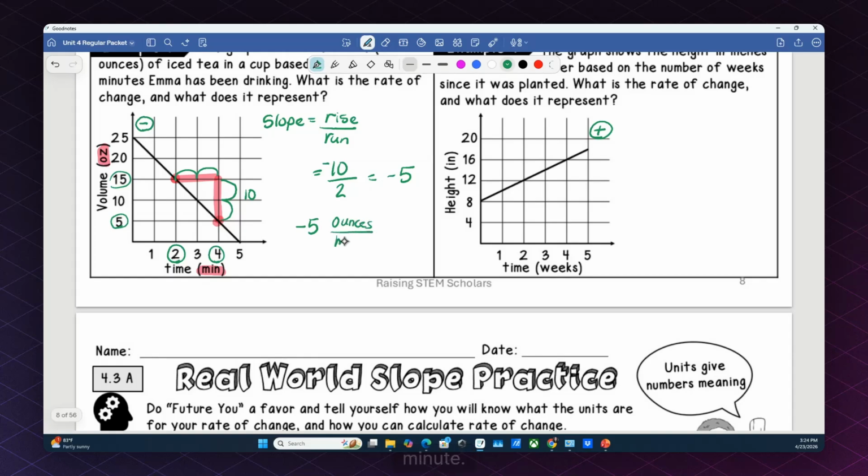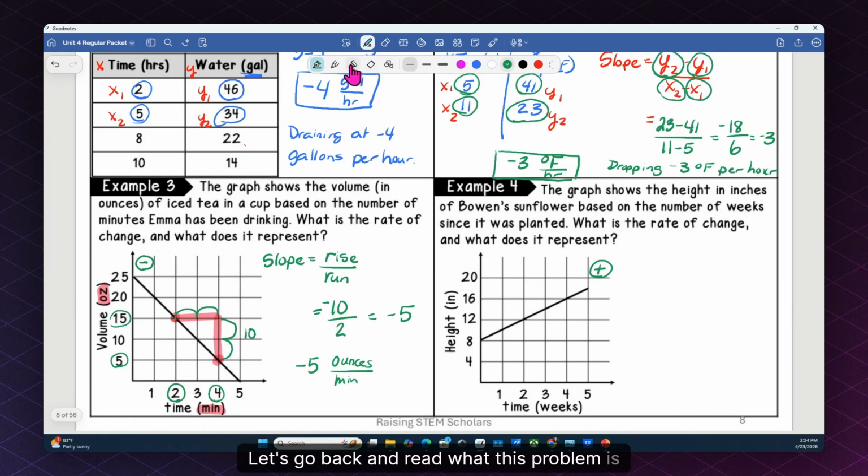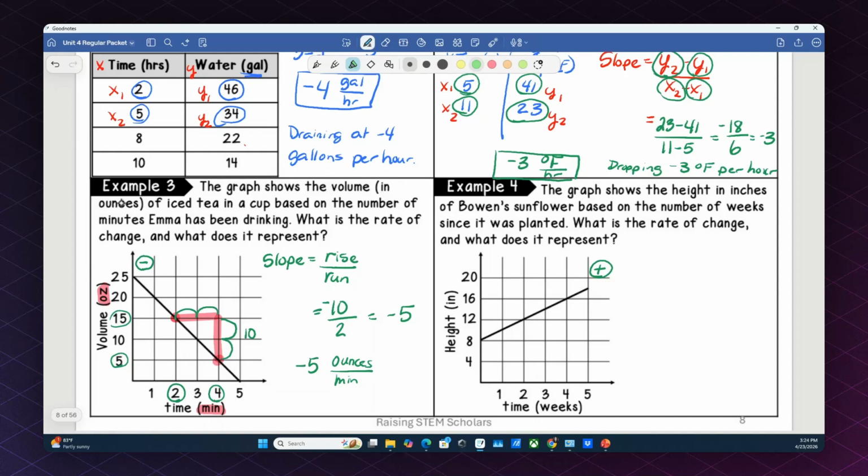Okay. Let's go back and read what this problem is saying. The graph shows the volume in ounces of an iced tea cup based on the number of minutes Emma has been drinking. What is the rate of change and what does it represent?